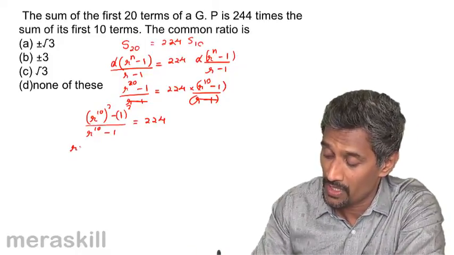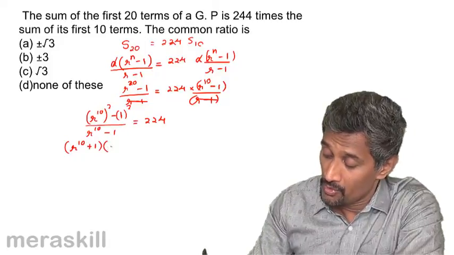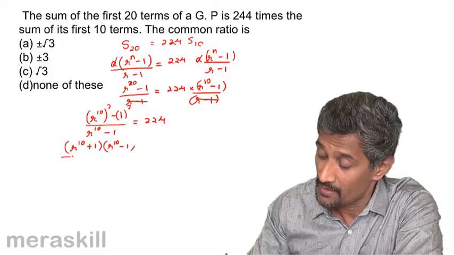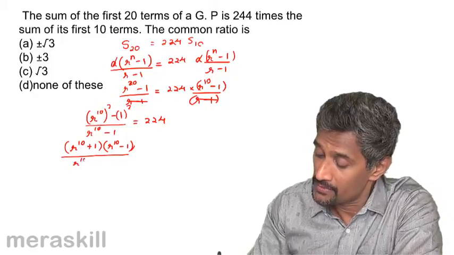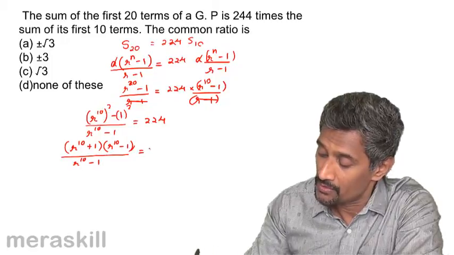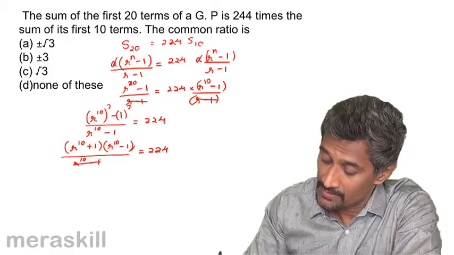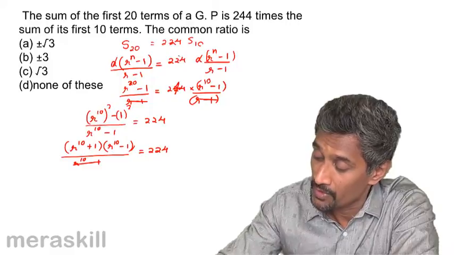This will turn out to be r raised to 10 plus 1 into r raised to 10 minus 1 upon r raised to 10 minus 1 is equal to 244. I'm so sorry, it has to be 244 everywhere.